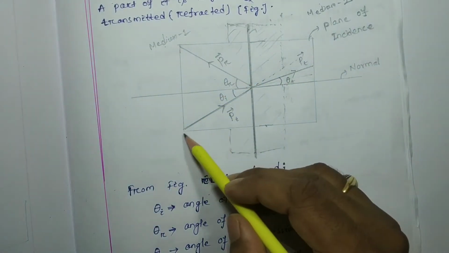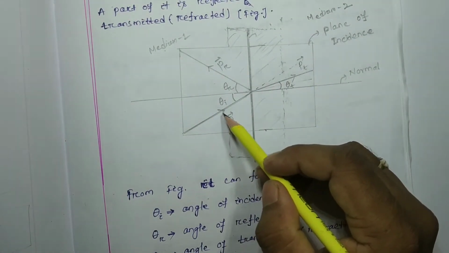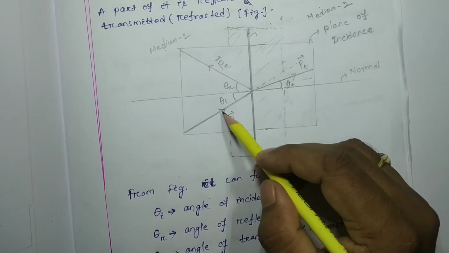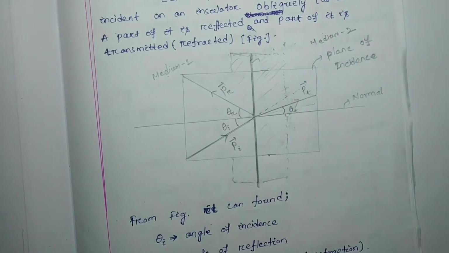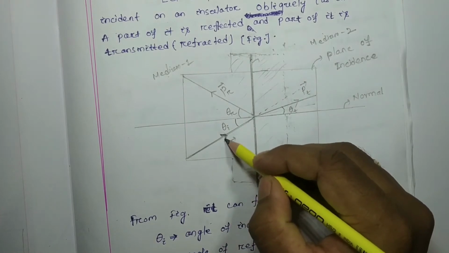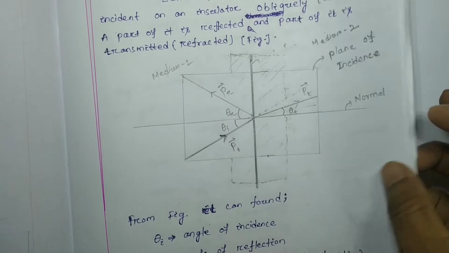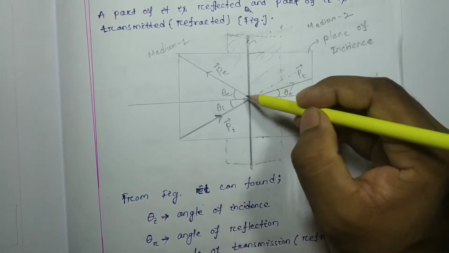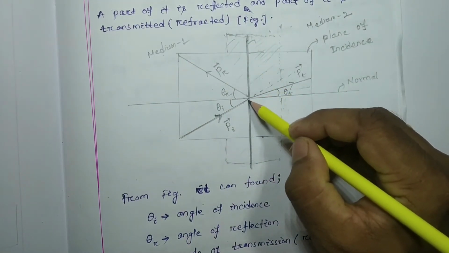Here, the incident power or energy of the electromagnetic radiation is what we have considered. These things have been solved by considering the power or energy of the electromagnetic radiation, not the electric and magnetic components. So let this be the incident power, and this the reflected power when it interacts with the interface.